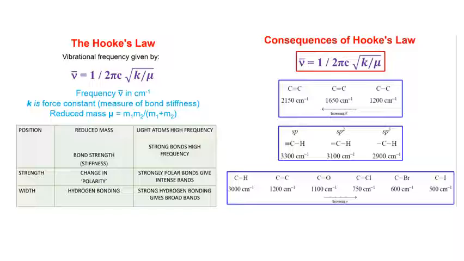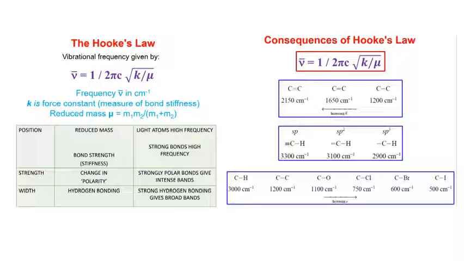You can see 1200 centimeter inverse to 1650 centimeter inverse to 2150 centimeter inverse. It is because of increasing K. Here the mu is the same because both atoms are carbon. The factor actually changing the frequency value is the bond strength. So when you increase the bond strength, it means increasing the K value, and the vibrational frequency or wave number value will increase, as you can see over here.